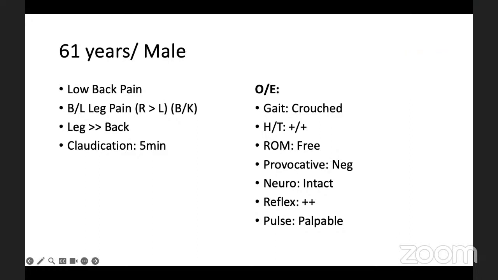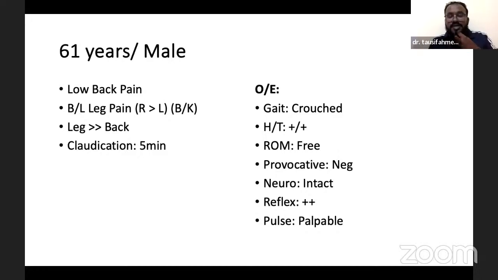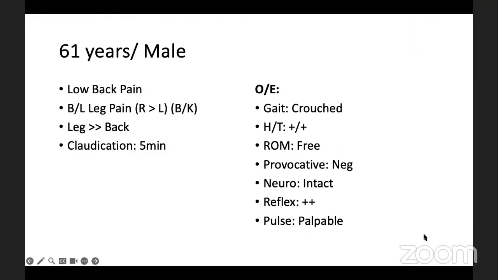Yes, on the examination, how much claudication pain is after 5 minutes? Yeah, claudication is at 5 minutes. Bladder and bowel are not involved, neurologically intact. Bladder and bowel are absolutely intact. And still, am I missing something in the history?